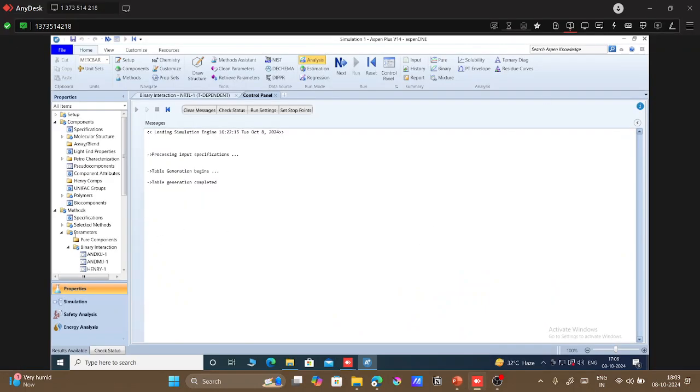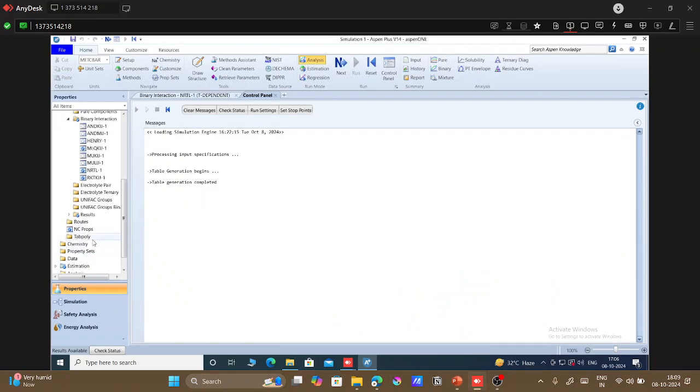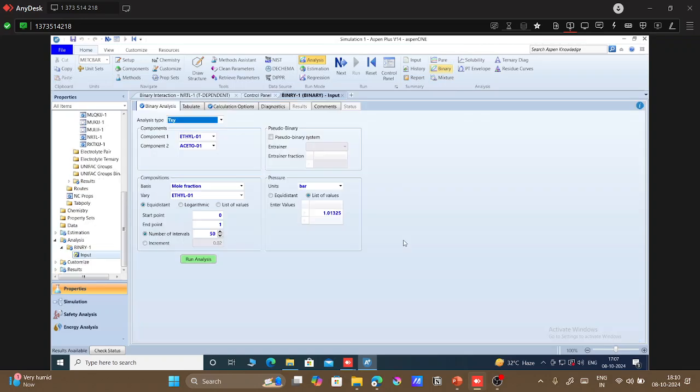So if you don't know it, in that case we can perform binary property analysis. If you recall, in our previous week's class we did these property estimation and property analysis methods in Aspen Plus. So go to the binary analysis. Now we want to see the solubility of both acetone and water as well as ethyl acetate and water.